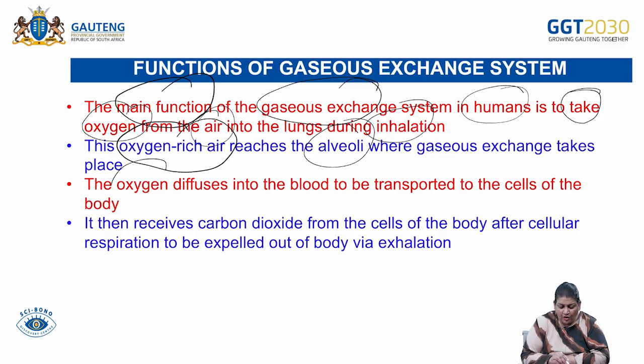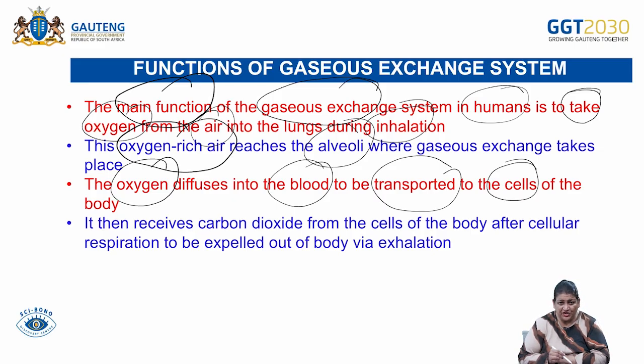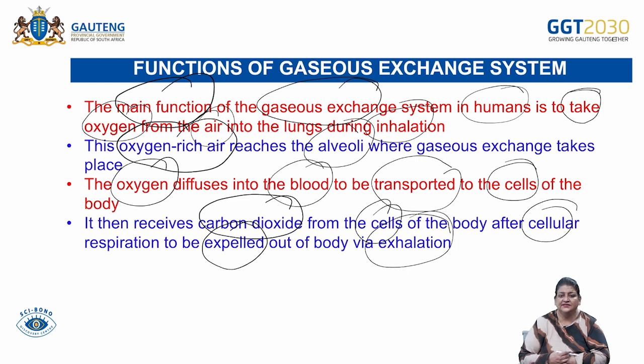That oxygen from the alveolus must go into the blood, and the blood must transport it to the cells for what? For respiration. And after respiration, carbon dioxide from the cells of the body must go back to the lungs to be expelled during exhalation.